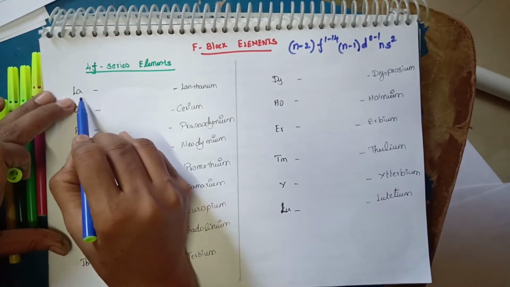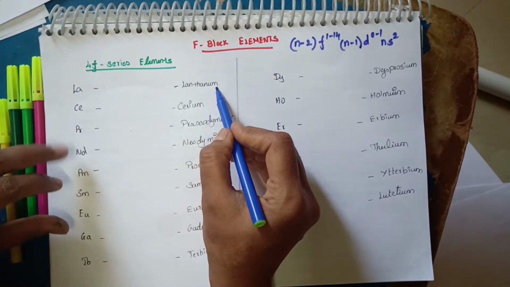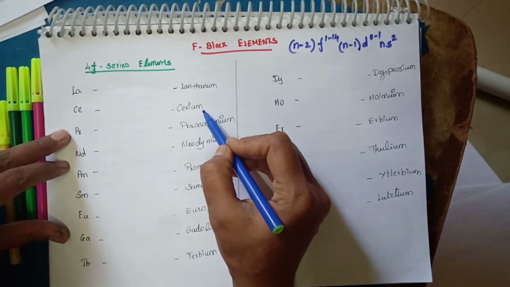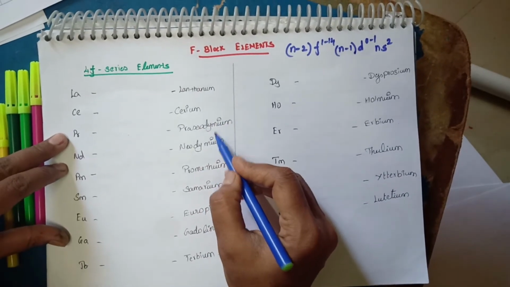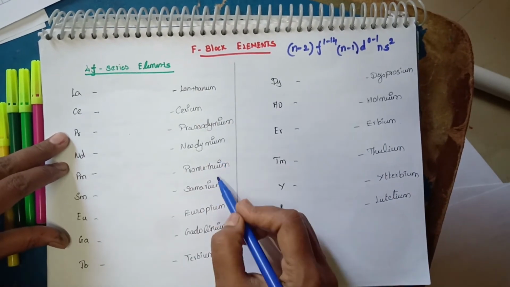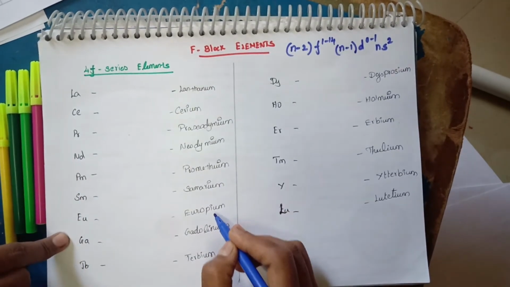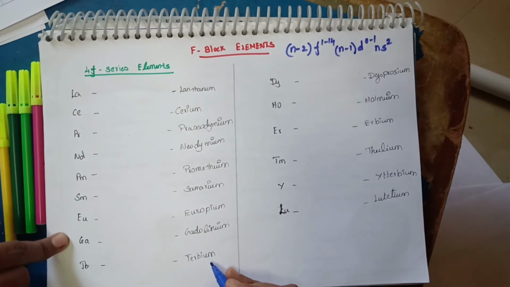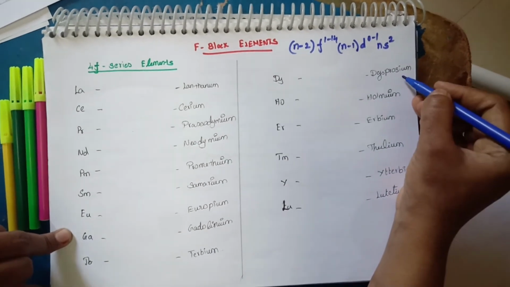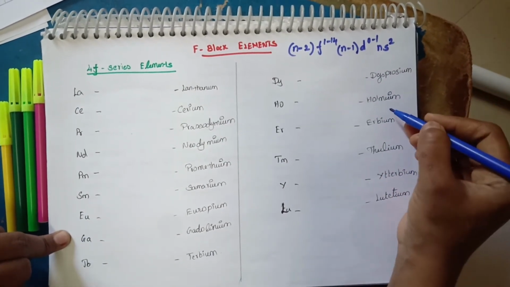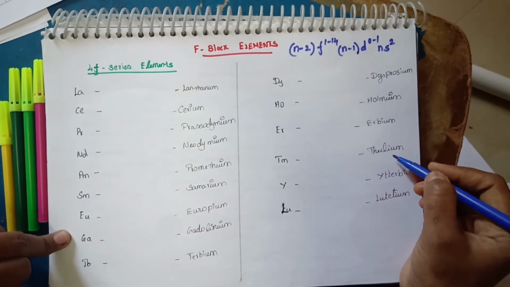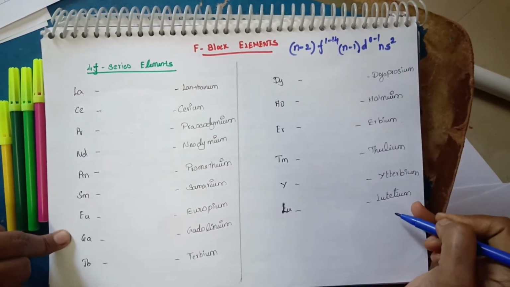The 4f series: lanthanum, cerium, praseodymium, neodymium, promethium, samarium, europium, gadolinium, terbium, dysprosium, holmium, erbium, thulium, ytterbium, and lutetium.